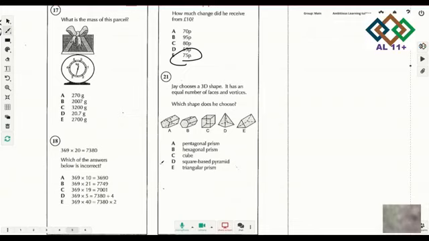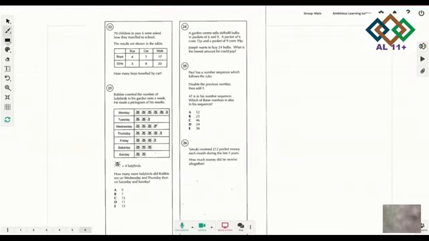So you need to see what shape this one is. You need to think about what a 3D shape is in this one. So obviously the answer would be D, square based pyramid. If you look at D, it looks like a 3D shape. So let's go on to our last page now.